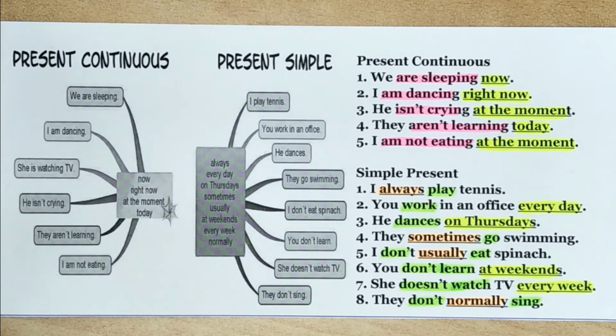He dances on Thursdays. 4. They sometimes go swimming. 5. I don't usually eat spinach. 6. You don't learn at weekends. 7. She doesn't watch TV every week. 8. They don't normally sing.